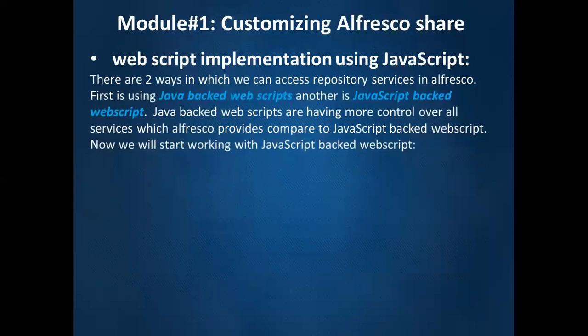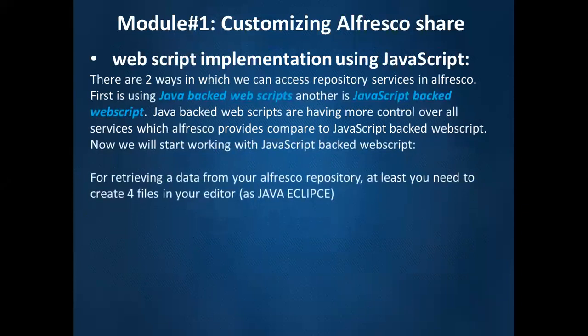We will cover JavaScript. For retrieving data from your Alfresco repository, you need to create at least 4 files in your editor, such as Java Eclipse. I gave this example because I will work with the JavaScript editor.